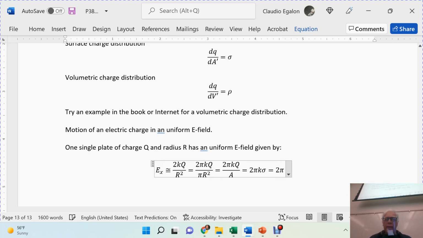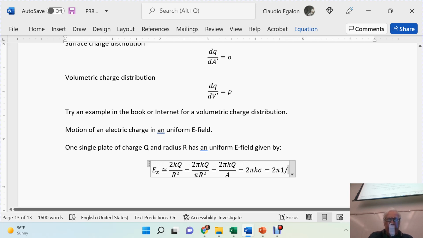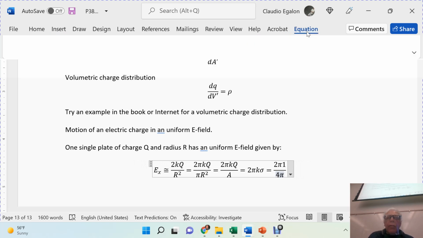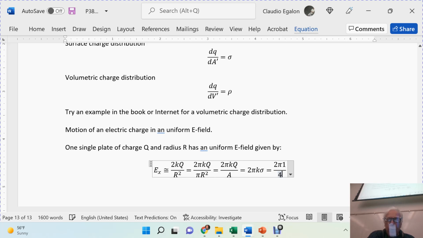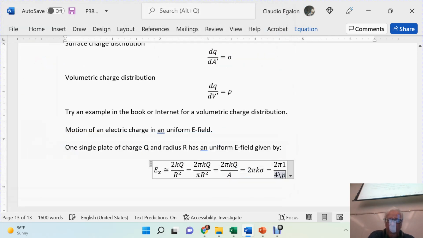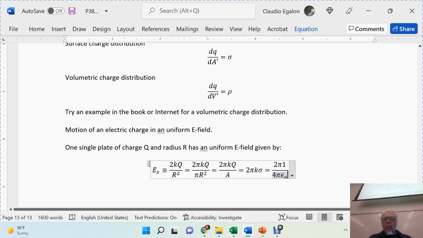The constant k is 1 divided by 4 pi epsilon naught, where epsilon naught is called the permittivity constant.